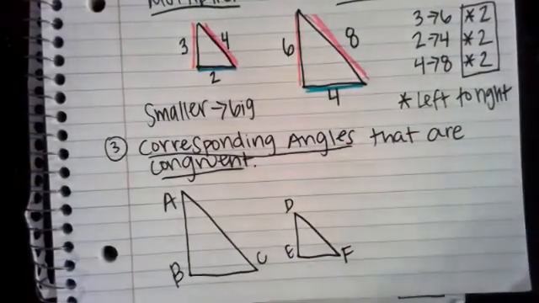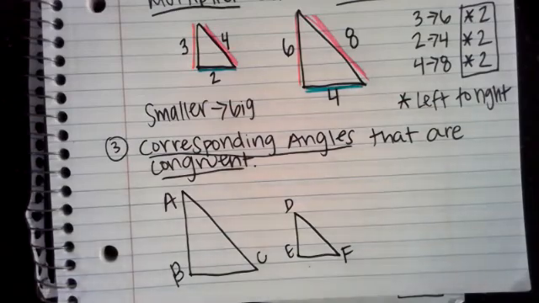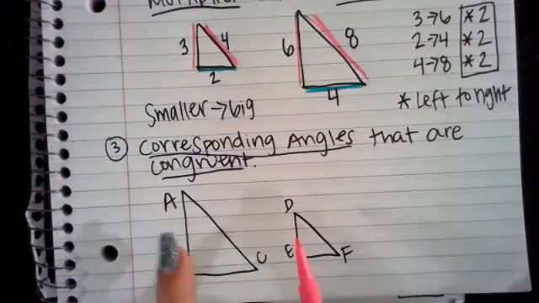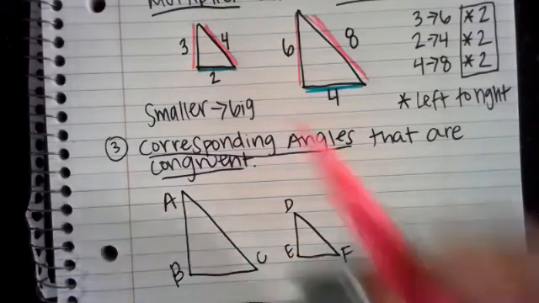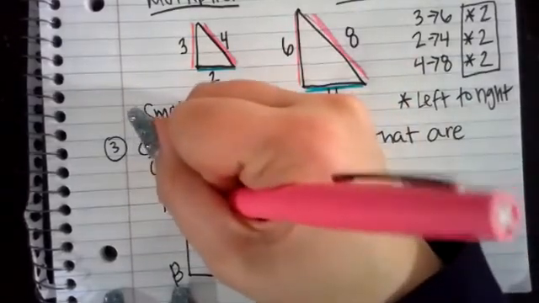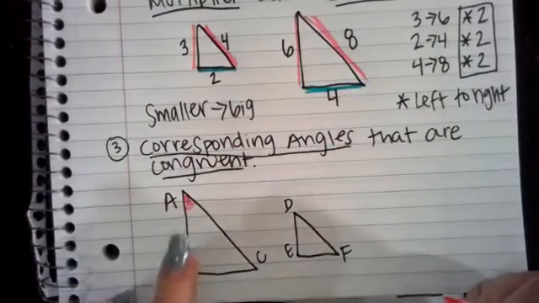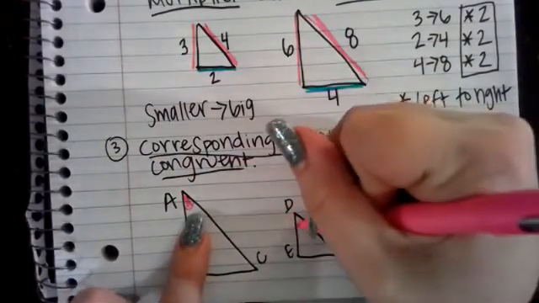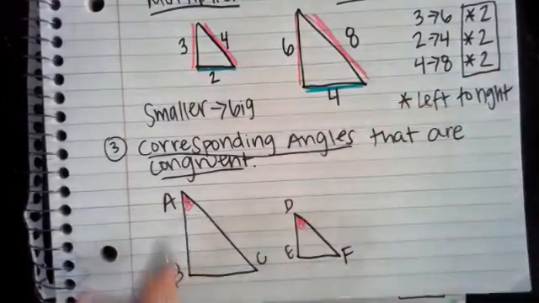If all of the corresponding angles are congruent, that means equal to one another, then that is the last characteristic to determine if a figure is similar. So if I look at corresponding angles in each of these shapes, angle A, I'm just going to shade in this corner. Angle A is the same as angle D in the smaller shape.